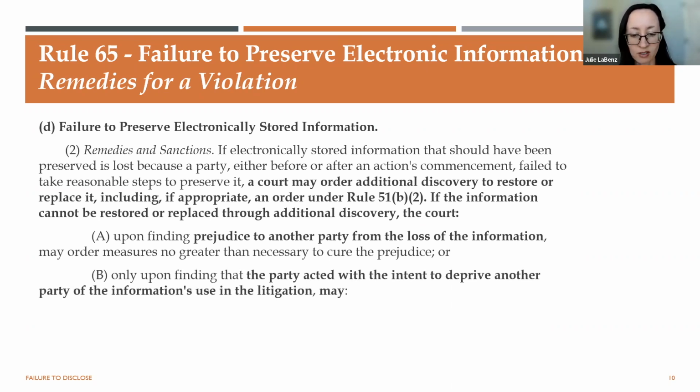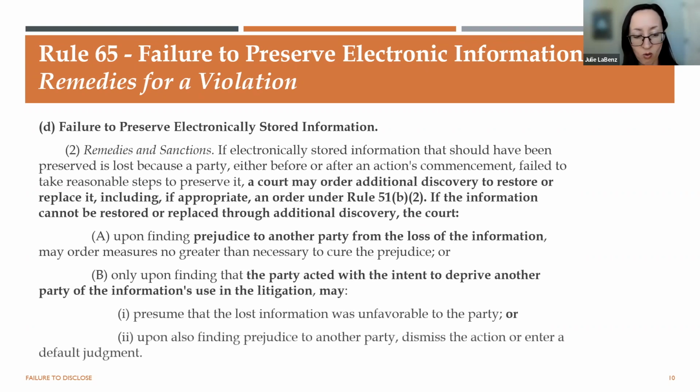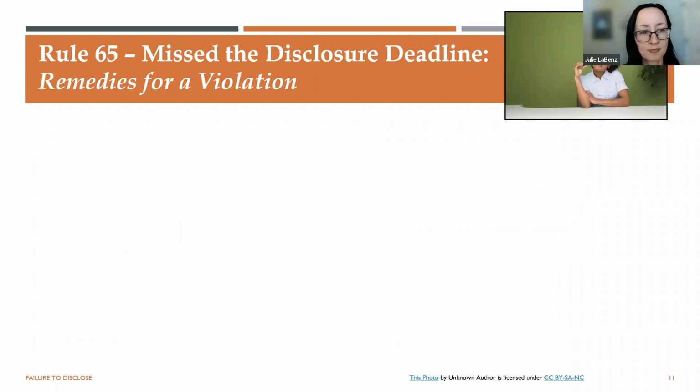Or if the court finds that the party acted with the intent to deprive another party of the information's use in the litigation, the court can presume that the lost information was unfavorable, or dismiss the action or enter a default judgment if there's prejudice. So there are additional specific potential remedies if a party has failed to preserve electronic information.